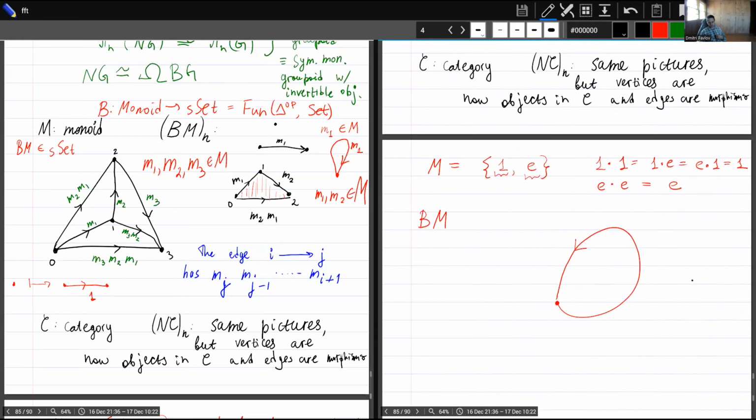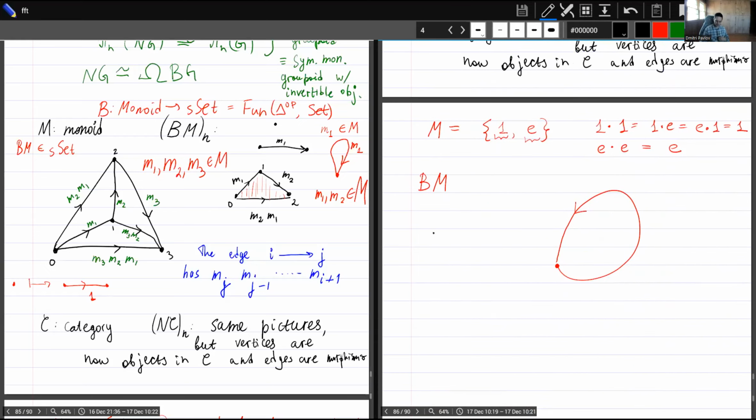Okay, let's draw pictures of two-simplices. As I said before, a two-simplex has elements like this on its edges.